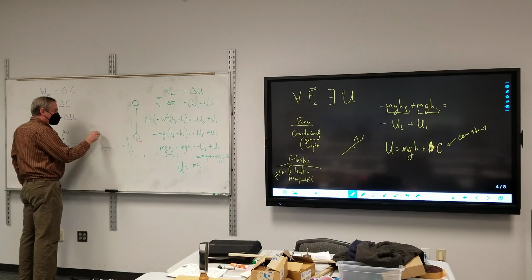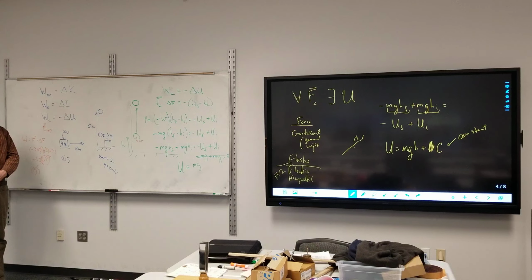Up here, let's say 5 meters. What is the gravitational potential energy of the mass at this location? And don't forget units.